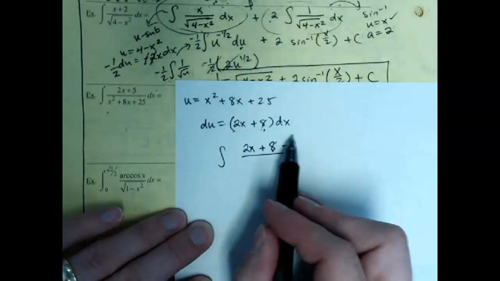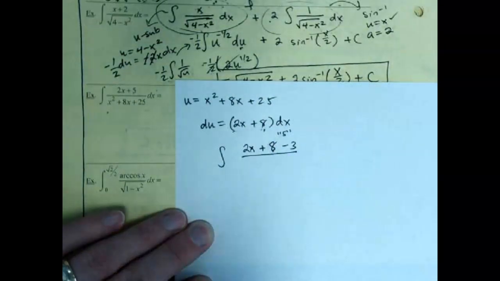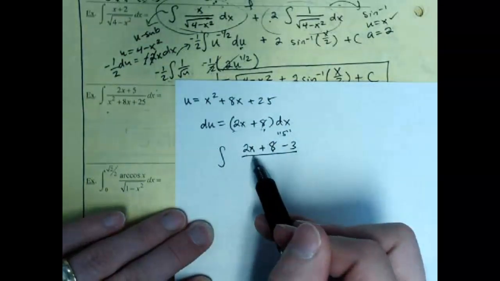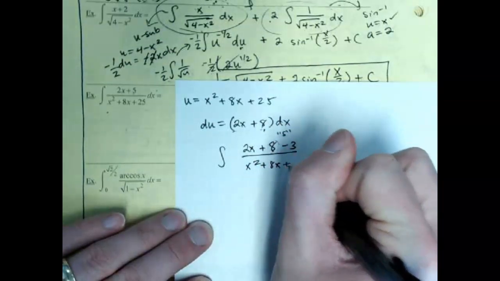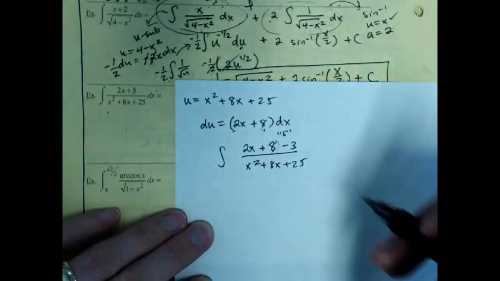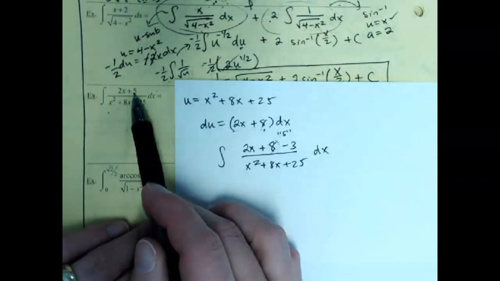That's the same thing as my 5. I'm specifically targeting the 2x plus 8 so that I can now split this integral up. I'm taking the 5 that was there initially and rewriting it as 8 minus 3.